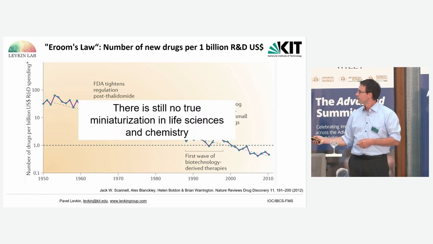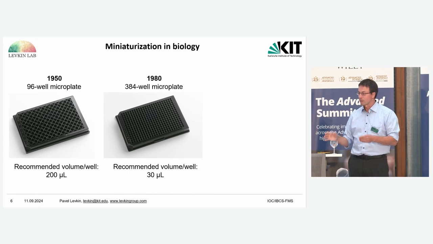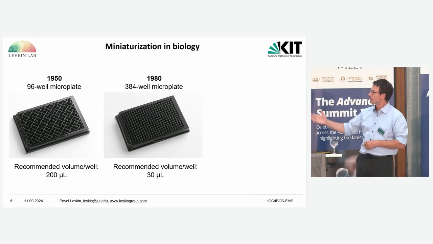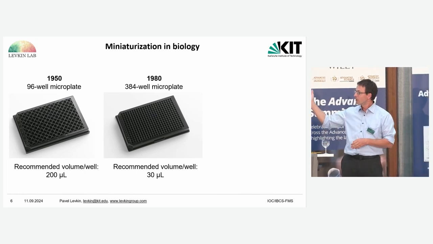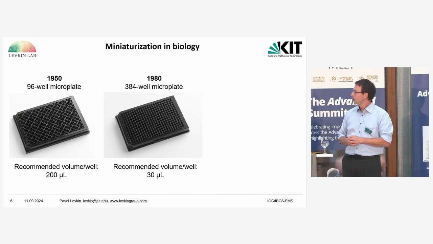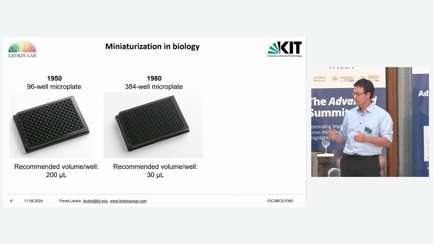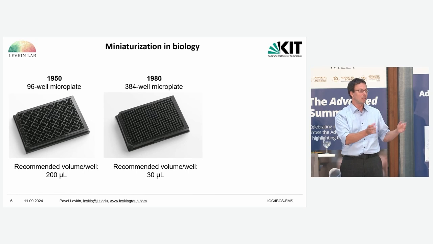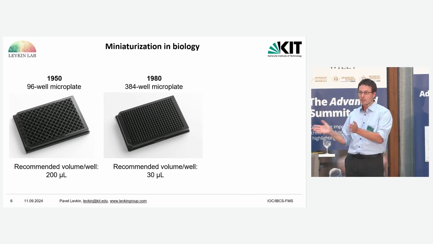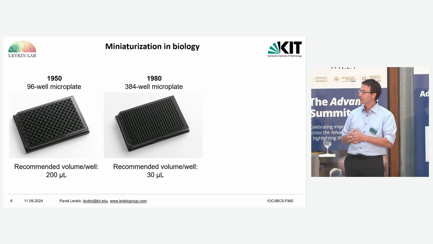And here you can see the first attempt to miniaturize biology, which was done in 1950. This is a 96 well microtiter plate, which was introduced at that time, which was already a huge success in terms of miniaturization. People went from Petri dishes and milliliters to 96 tiny Petri dishes using just 200 microliters.